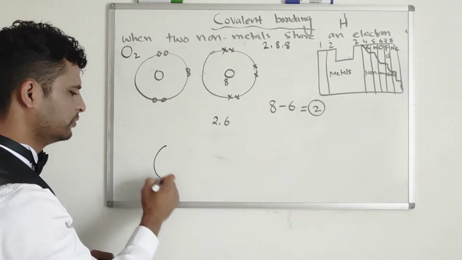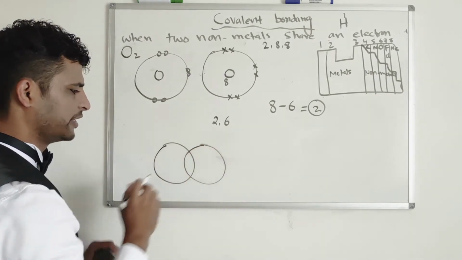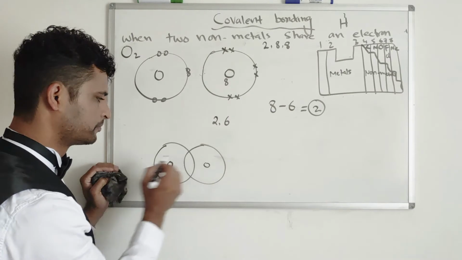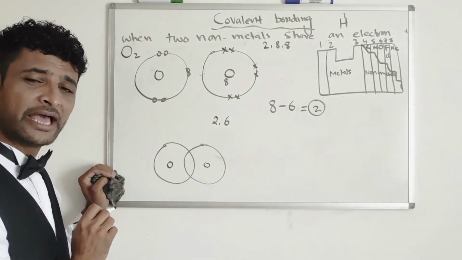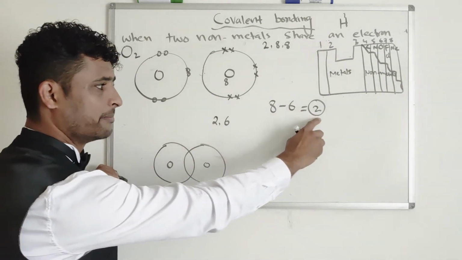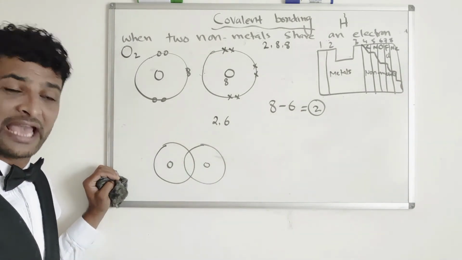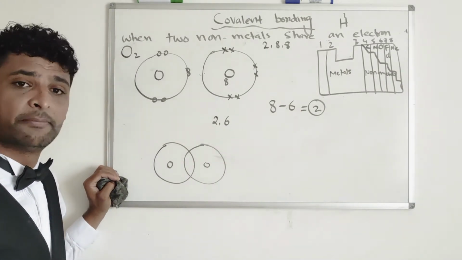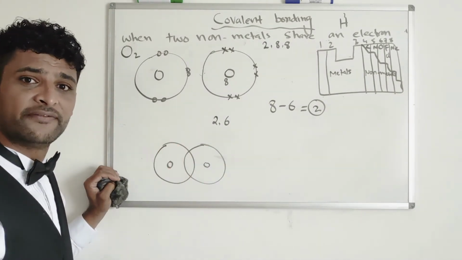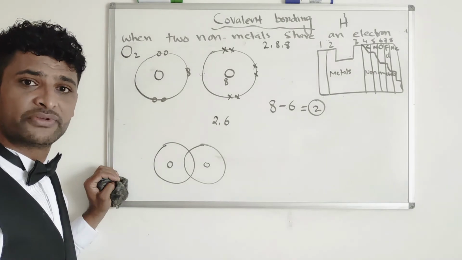The first thing you do, you draw a shared area of the 2 circles and you put oxygen in the middle. You do know that they both have 6 electrons in the outer shell, and they have to make 2 bonds anyway, and that means they have to share 2 electrons whenever they make a bond with each other.